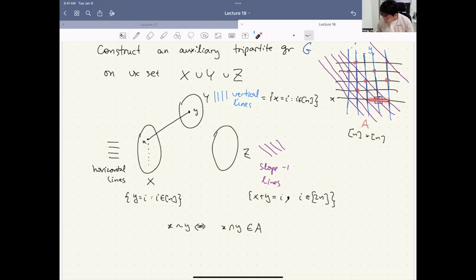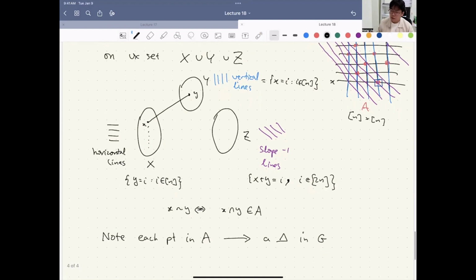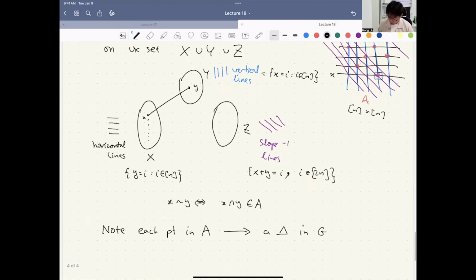These 3 lines, which correspond to 3 vertices in X, Y, Z, all intersect at a common point in A. So they form a triangle. So note, each point in A generates a triangle in G, and all the edges are generated this way. And also these triangles are edge disjoint.